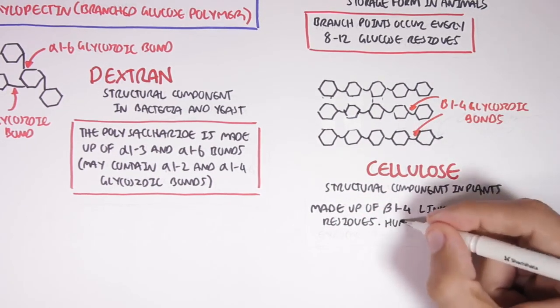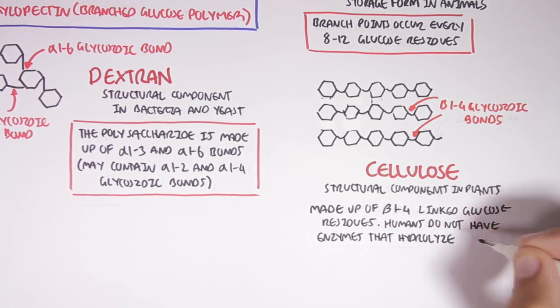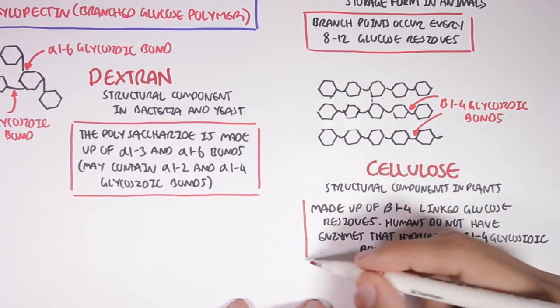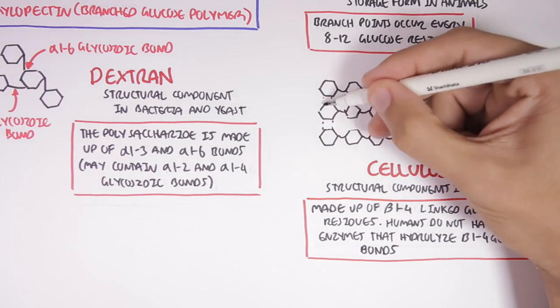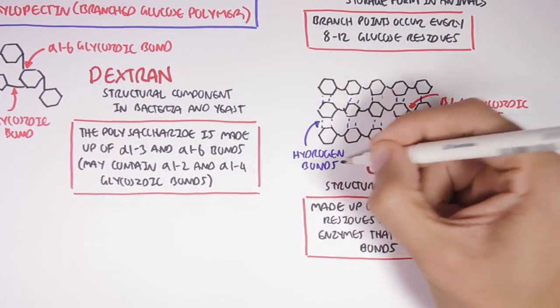Humans do not have enzymes that hydrolyze the beta-1,4 glycosidic bonds of cellulose, and so humans cannot digest cellulose. Now, even though cellulose consists only of chains of unbranched beta glucose, these chains can form hydrogen bonds with each other, forming a very strong structure.